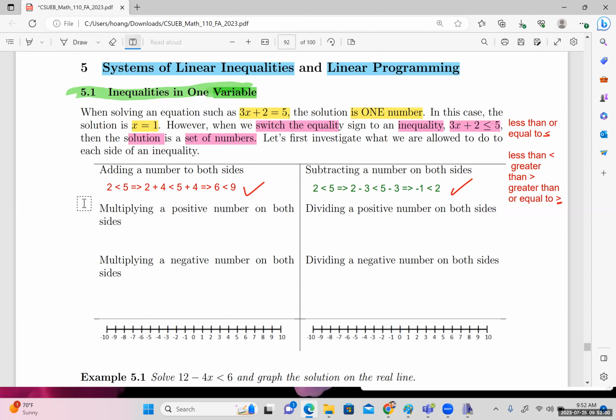Now what about multiplying by a positive number on both sides? Keep in mind the word positive.